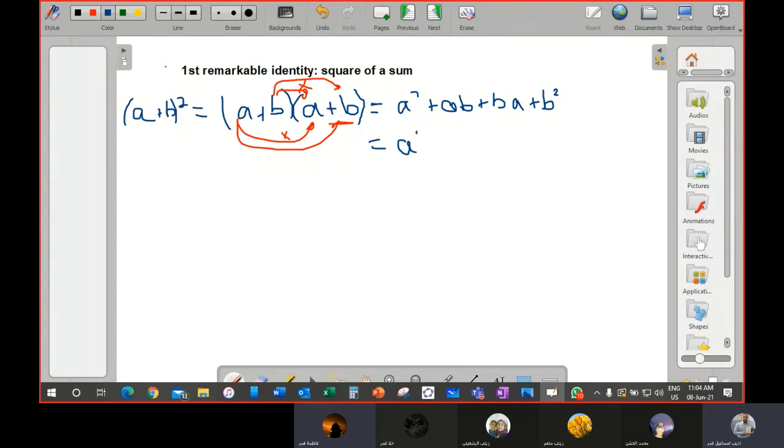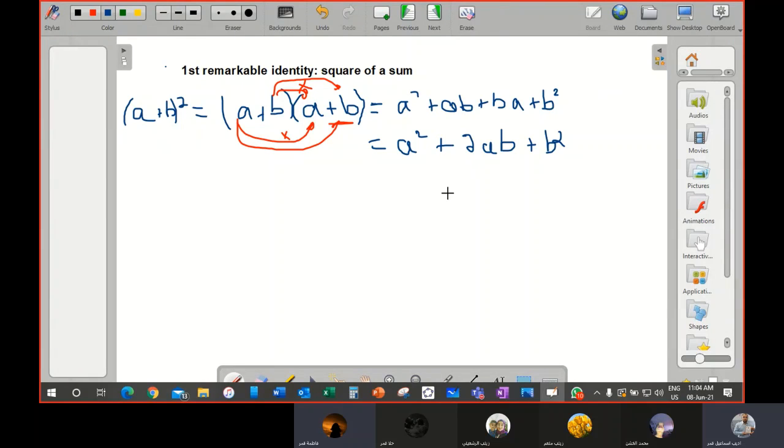A squared plus, what are the terms that we can add? AB plus BA equals 2AB. Why can we add them, AB plus BA?